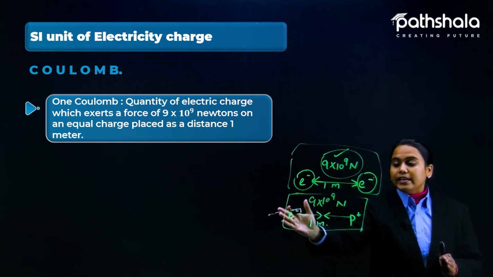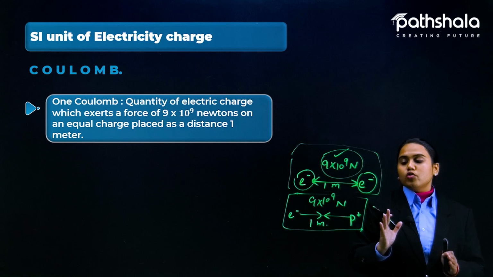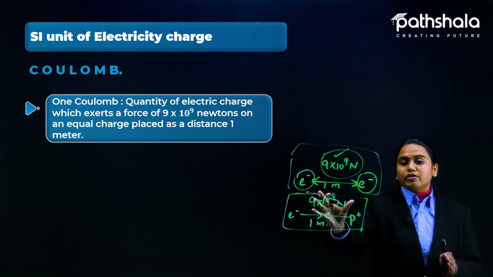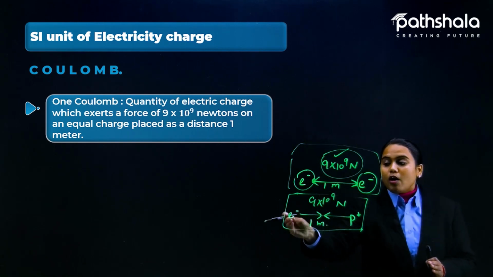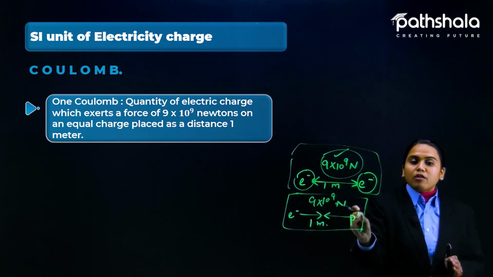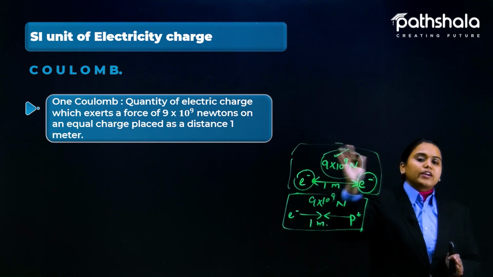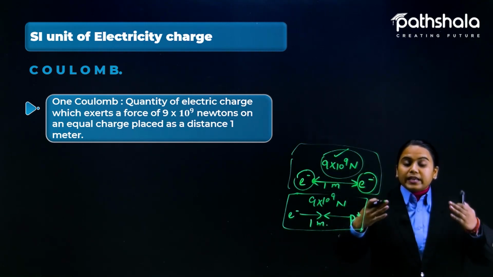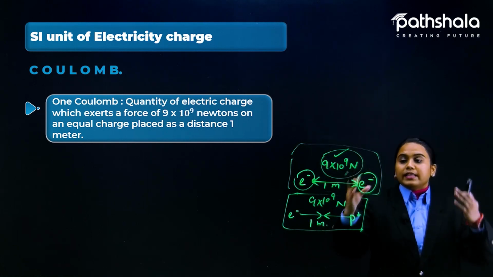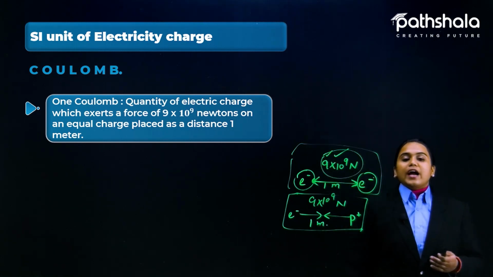And here also in case of 1 electron and 1 proton only, this kind of attraction force cannot exist. So the amount of electrons and protons will have to be increased in such a manner that we will get such kind of force.